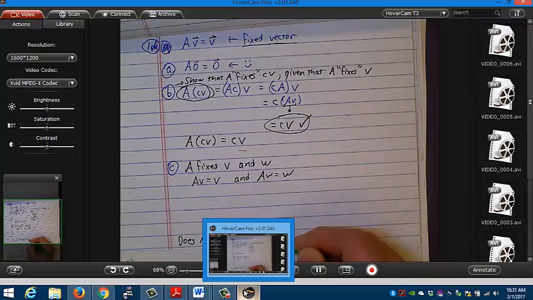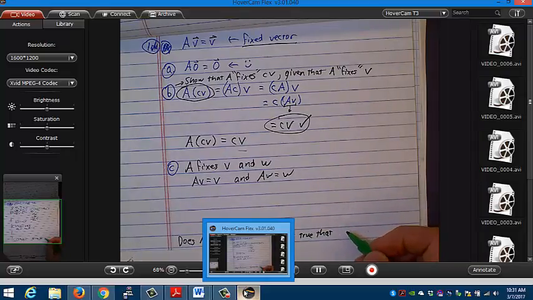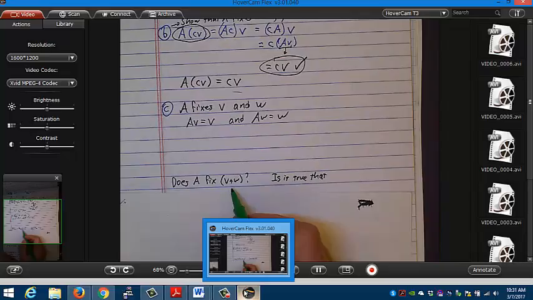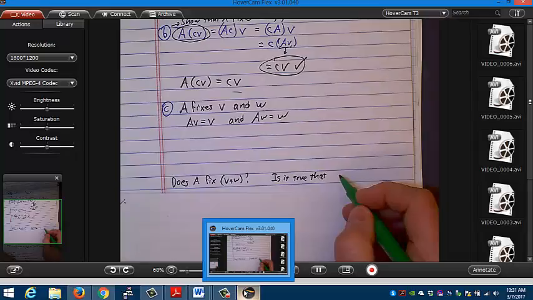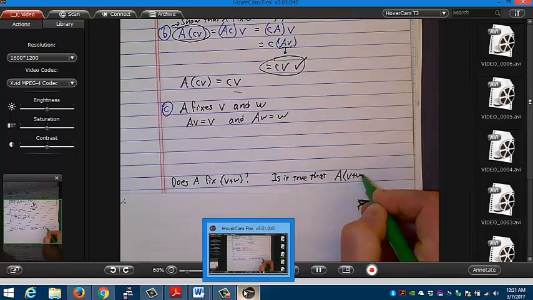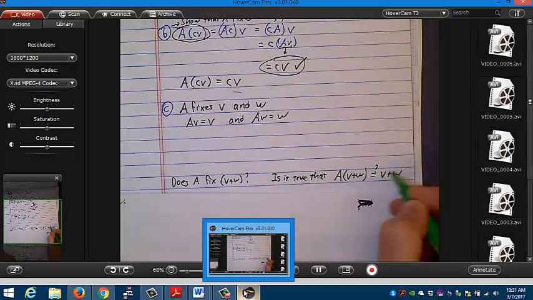In other words, is it true that, Mitchell, what would I write here? When I say fixing V plus W, what does that mean? A times V plus W should spit back out V plus W, right?